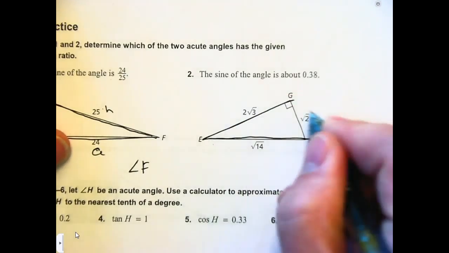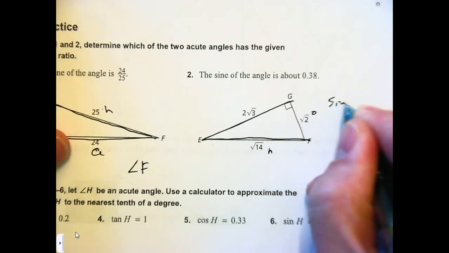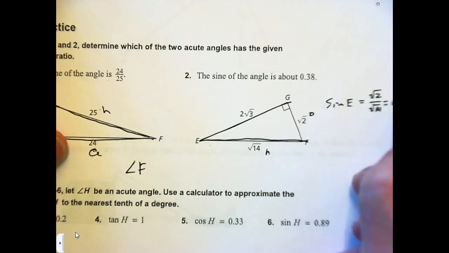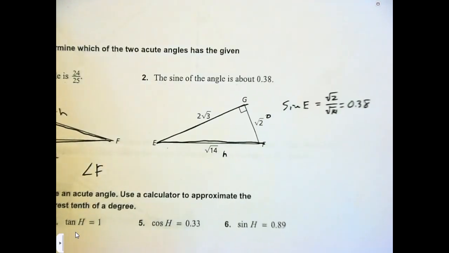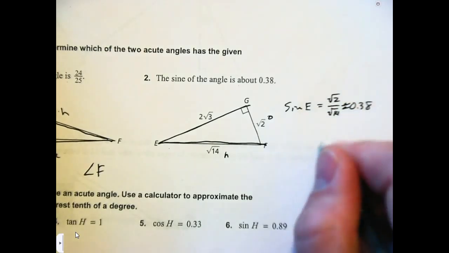Okay, so you said sine's opposite over hypotenuse. So you said if I try E, sine of E would be root 2 over root 14. And when you divided those, you got 0.38. Yeah, good. It is angle E.